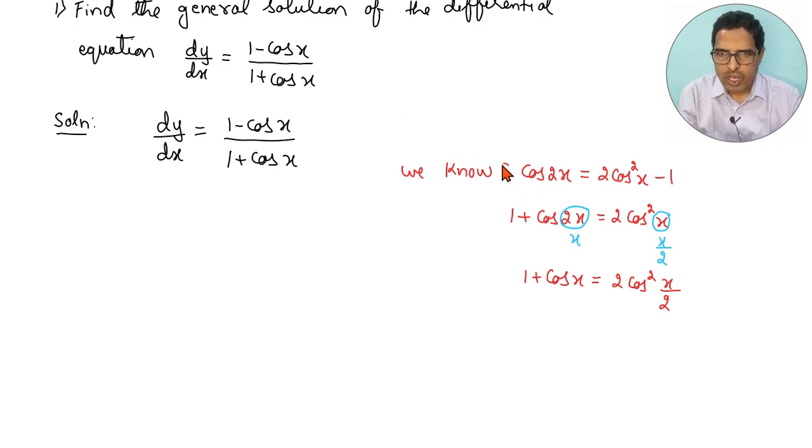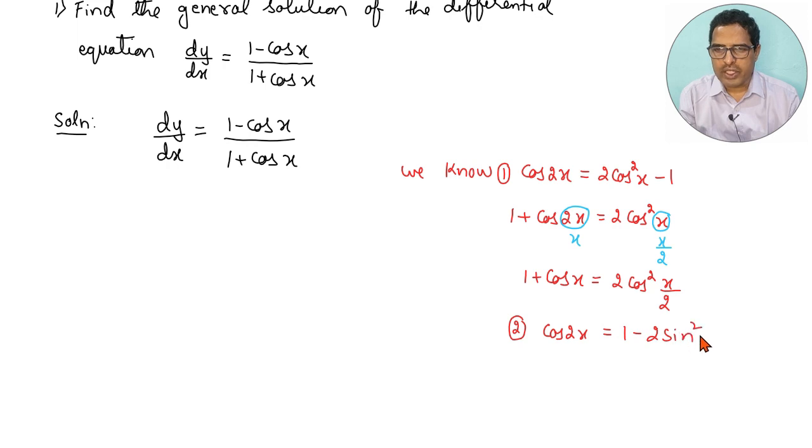Similarly, we have one more result. Cos 2x is equal to 1 minus 2 sine square of x. If I get this minus 2 sine square of x on the other side, it becomes 2 sine square of x is equal to 1 as it is. Send this cos 2x on the other side, it becomes minus cos of 2x.